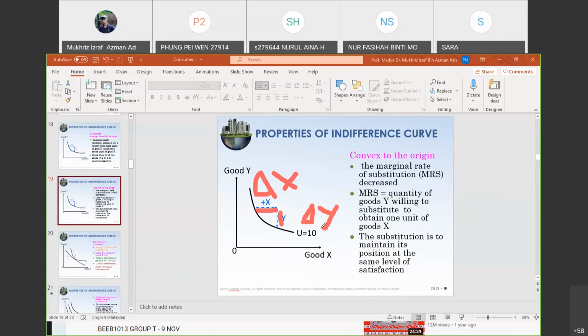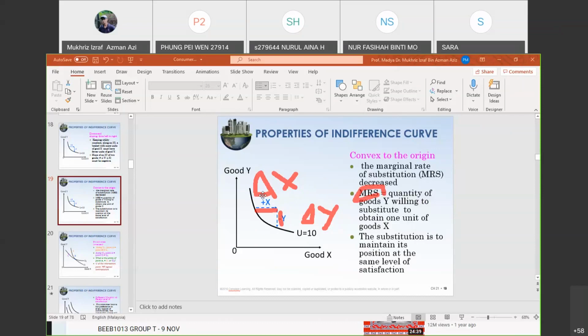Change in X over change in Y. So in the indifference curve, the term we call the slope is MRS, marginal rate of substitution. So MRS measures the slope, and the formula will be change in X divided by change in Y. The word change in economics, we can also call marginal.